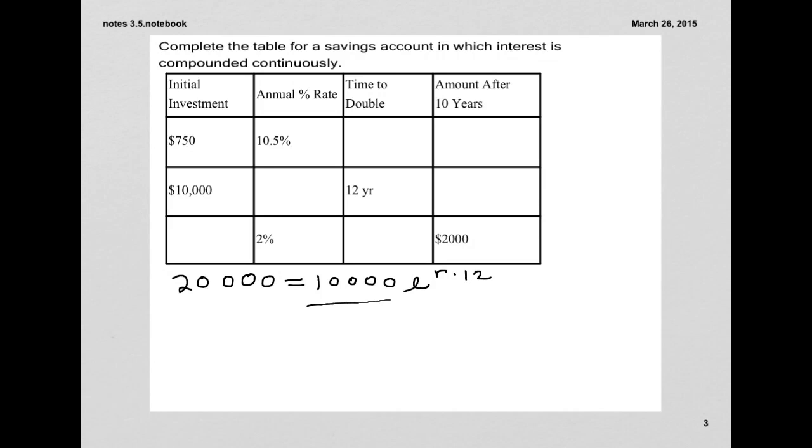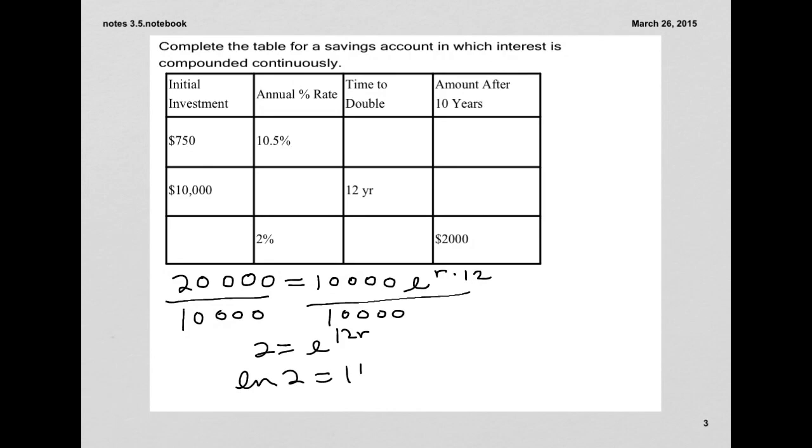So we divide both sides by 10,000. And we get 2 equals e to the 12r. We do the ln of both sides. So that's ln of 2 equals 12r.